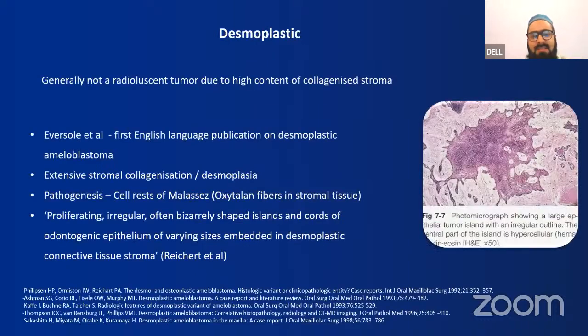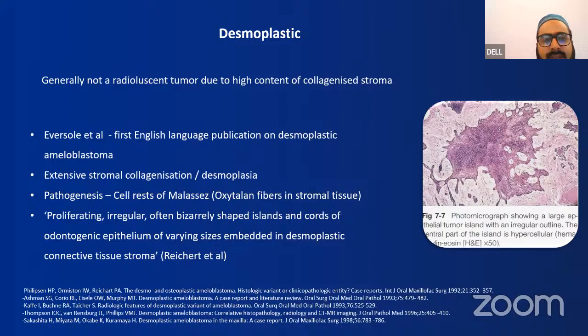And the last one is the desmoplastic type, which requires special mention, as previously it was classified as a clinicopathologic entity in the WHO classification, because it has distinct radiographic as well as clinical features.